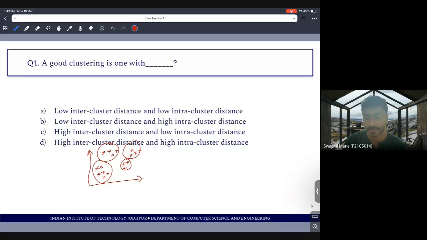There are two ways we can do clustering. The first is the partition way, and another is the hierarchy way, right? In the partition, we have seen that we can do the clustering by using k-means clustering.